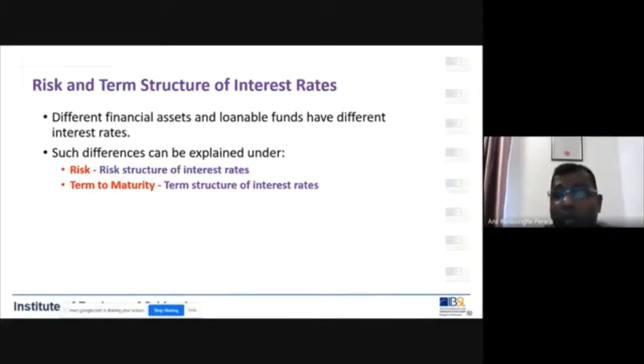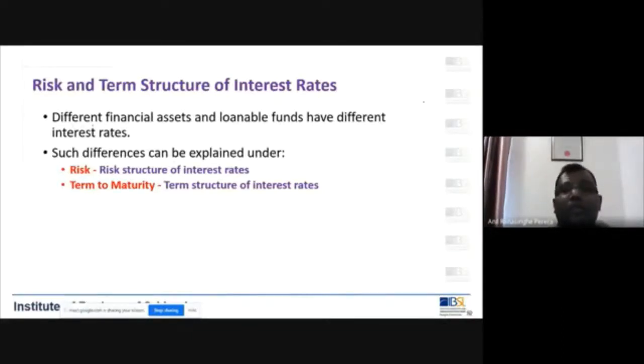They are different. One interest rate is different to the other. If you have 100 interest rates in the economy, all these 100 rates are not equal to one rate. For example, they are not all 5%. They could be 6%, 7%, 4%, 9%. Likewise, there are various interest rates operating in the economy.